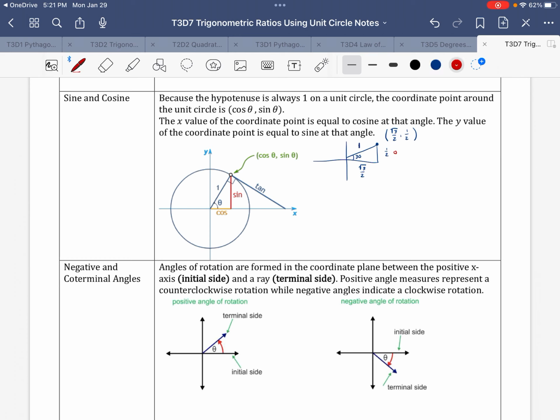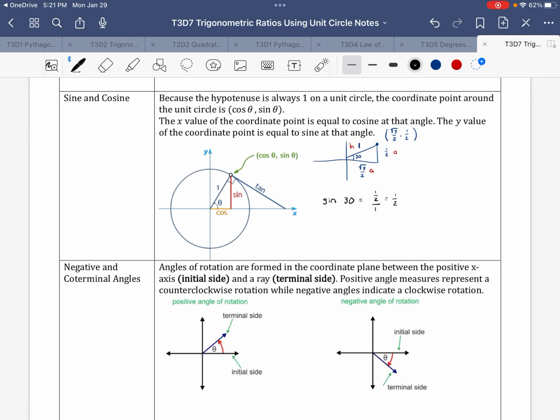If I can label my opposite side, my adjacent side, and my hypotenuse, then I know that sine of 30 is going to equal opposite over hypotenuse, 1/2 over 1, which reduces to 1/2, right?